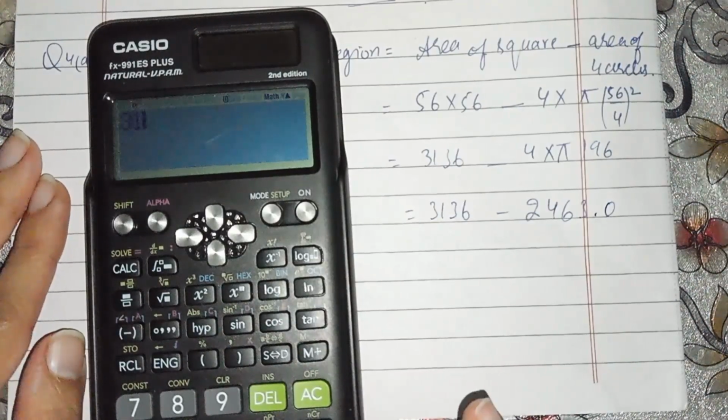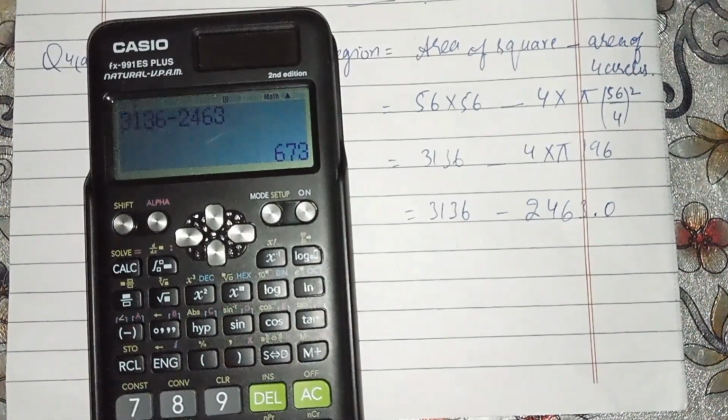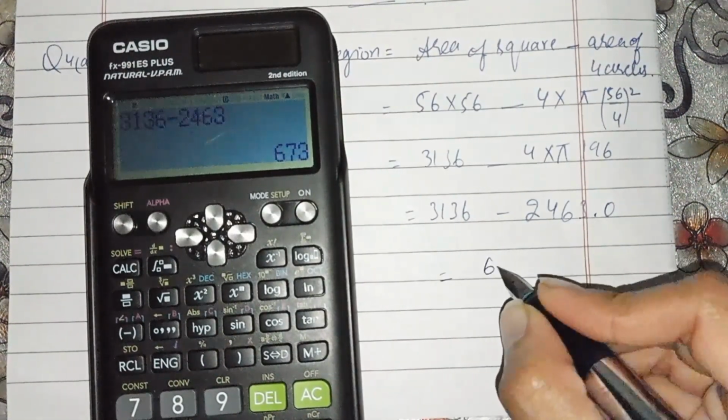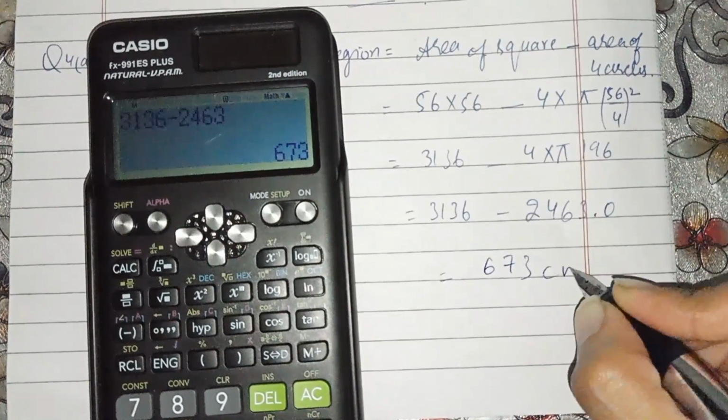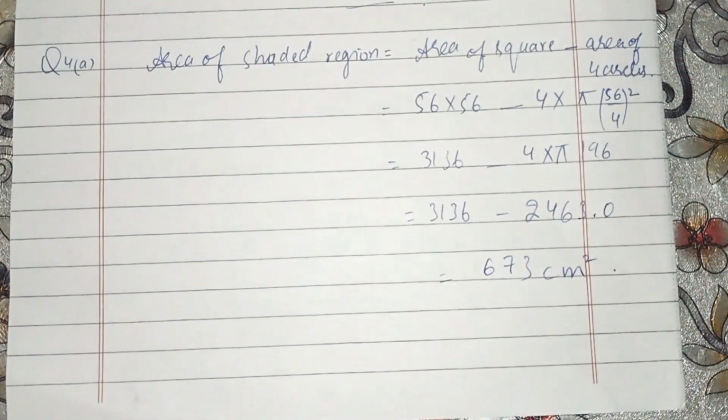Now we have to subtract it. 3136 minus 2463, and we get 673 centimeters square. And now students, this is the answer of part number A.